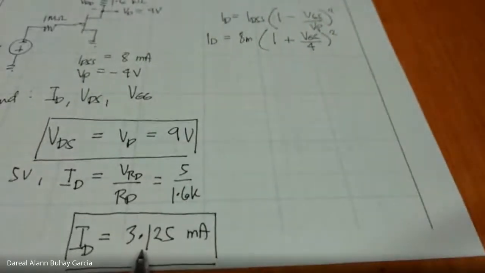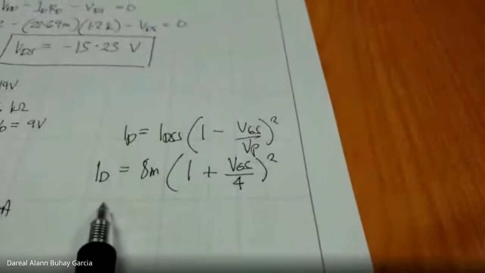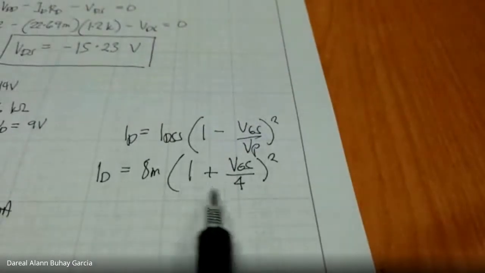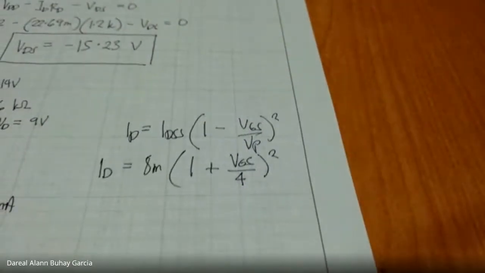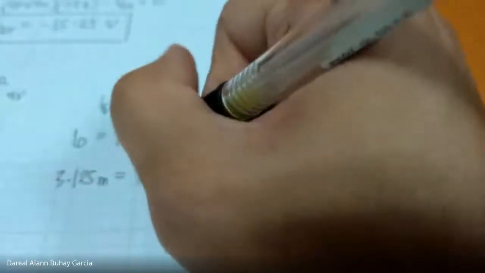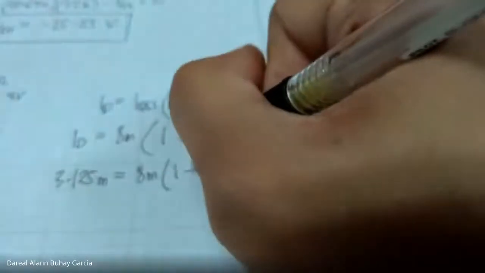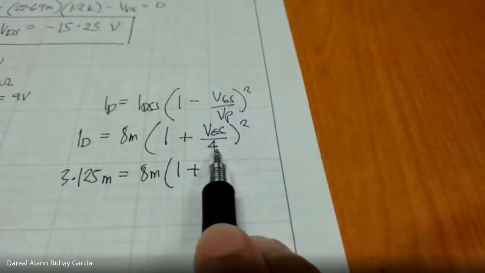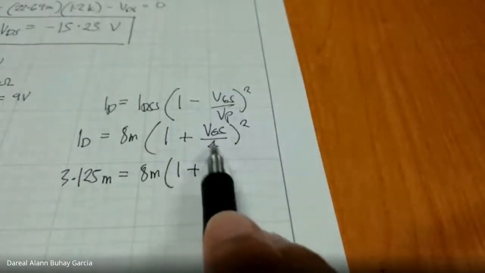Now that we have ID, we can solve for VGS, the only unknown here. ID is 3.125 milli, which equals 8 milli times (1 minus VGS over negative 4) squared.